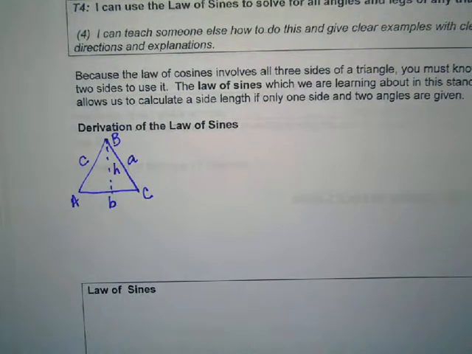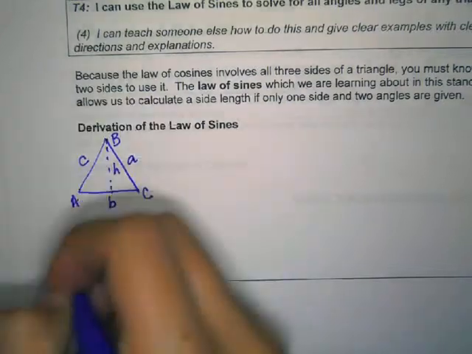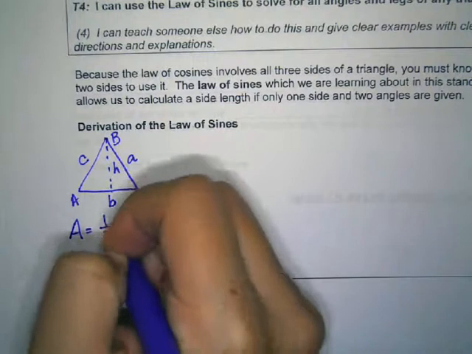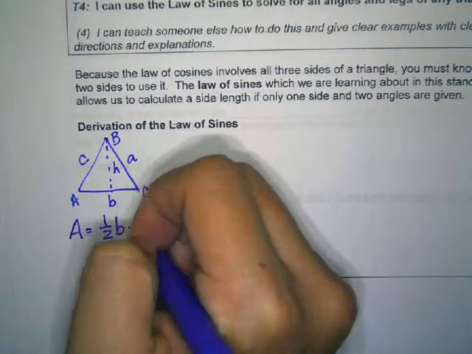Okay, for any triangle, getting back to geometry, what's the formula to find the area of any triangle? Like 1/2 base times height, right? Okay. So write that down, that the area equals 1/2 base times height.